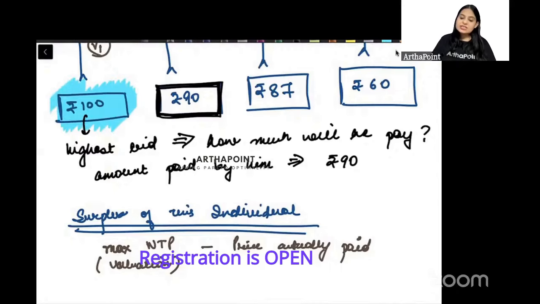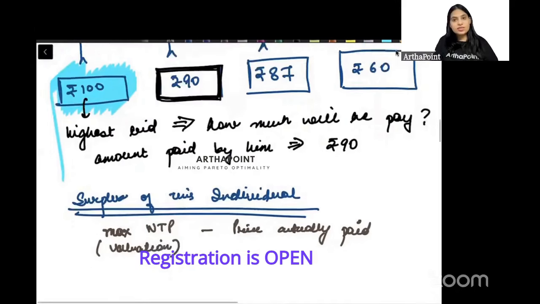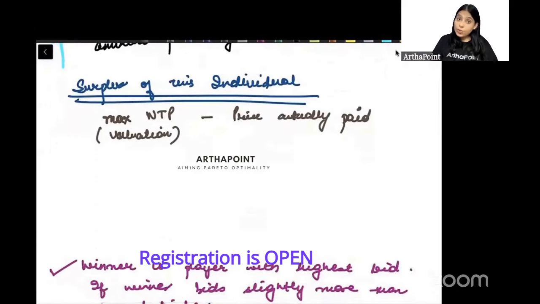But he has won. He has won the auction. Now, after he has won this auction, his valuation was V1. That is what he was thinking in his mind, that this painting's worth is this much.